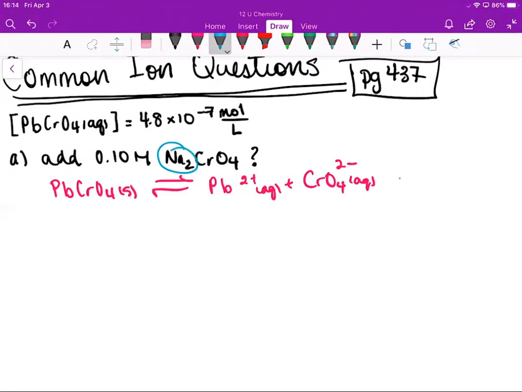Well, in this equation here, you don't see it. But chromate, however, is right here. So what that means is that the stress to the system, according to Le Chatelier's principle, is an increased concentration of chromate. How are we going to relieve the stress of too many chromate ions?